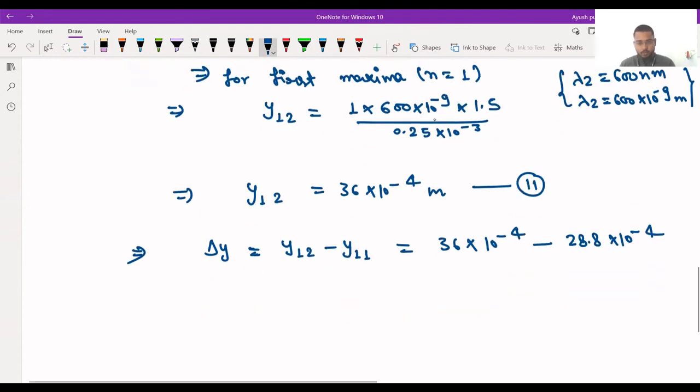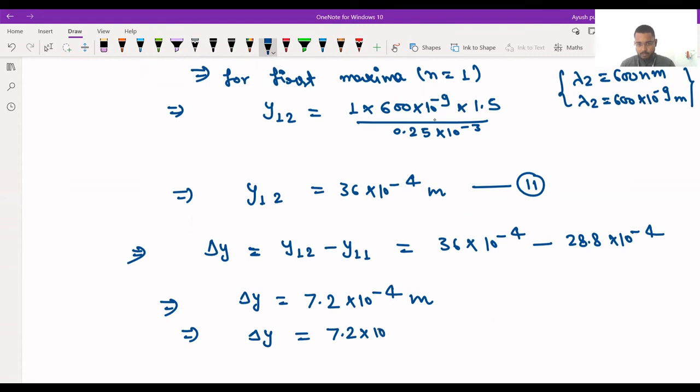Great. So how much will this be? Delta y will be equal to 7.2 into 10 to the power minus 4 meter, or if you want to change it into millimeter, then it will be 7.2 into 10 to the power minus 1 millimeter.